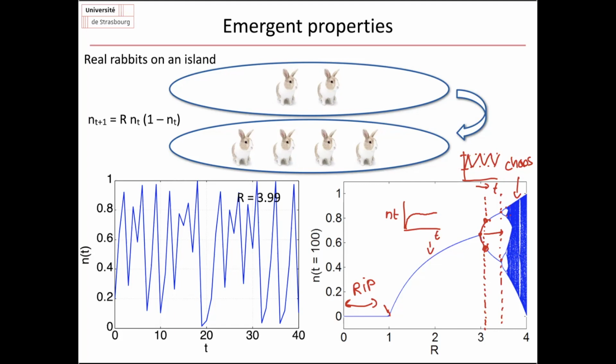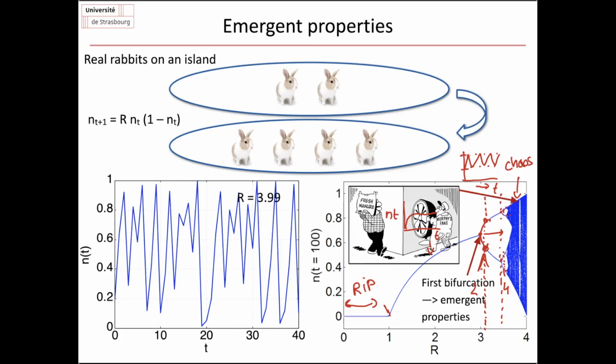Here you'll have two solutions. In this case, if we're a little bit past the second bifurcation, we'll have 4 solutions. Okay, so that is the first bifurcation, after which you can get emergent properties like oscillations in time. And here you are in the chaotic regime.